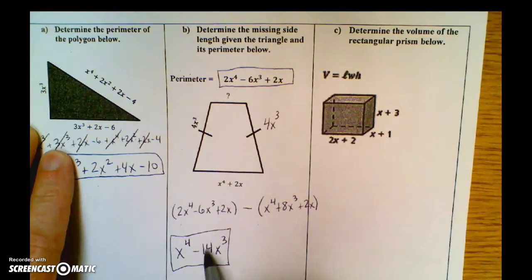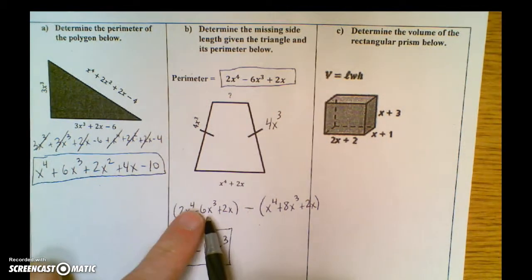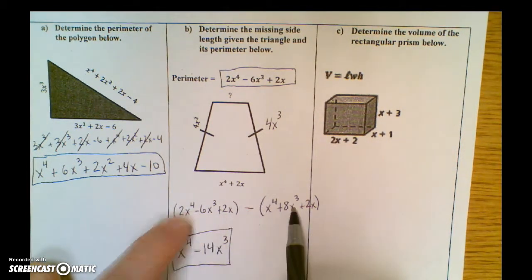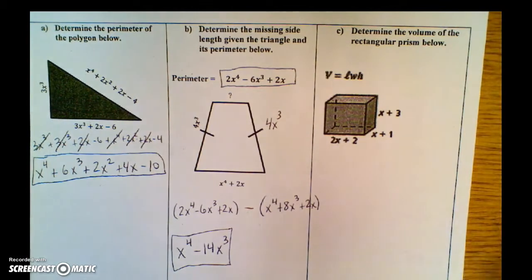So there you can see our answer. 2x to the fourth minus x to the fourth is x to the fourth. Negative 6x to the third minus 8x to the third is negative 14x to the third. And 2x minus 2x is 0, so we're left with that answer.